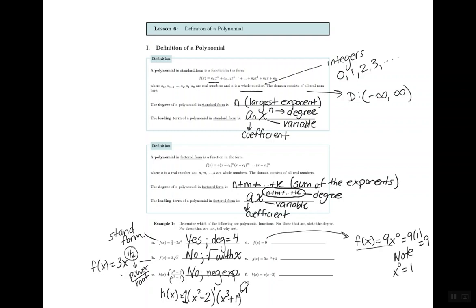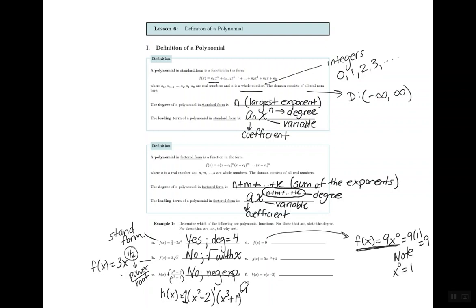But writing it in the form f of x equals 9x to the 0 might help us make our determination of whether this is a polynomial function a little bit easier. If f of x represents a polynomial function, it would be a polynomial function in standard form. 9, the coefficient, is a real number. We are given a variable x in this case, and the exponent we're given of 0 now, since we rewrote it, is a whole number.